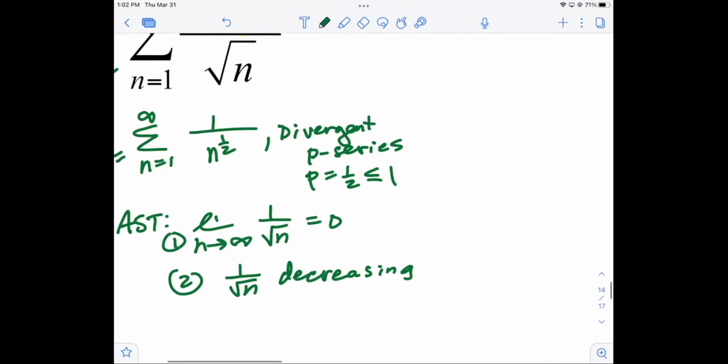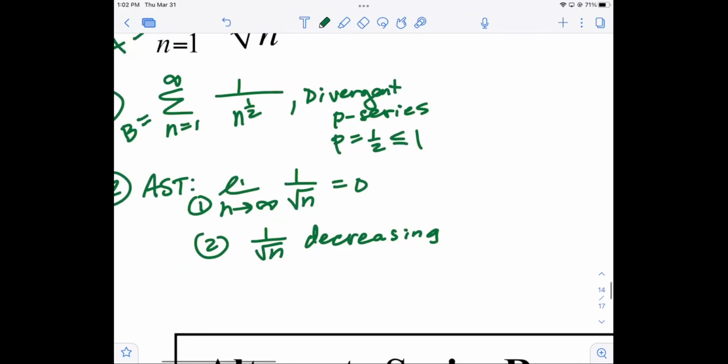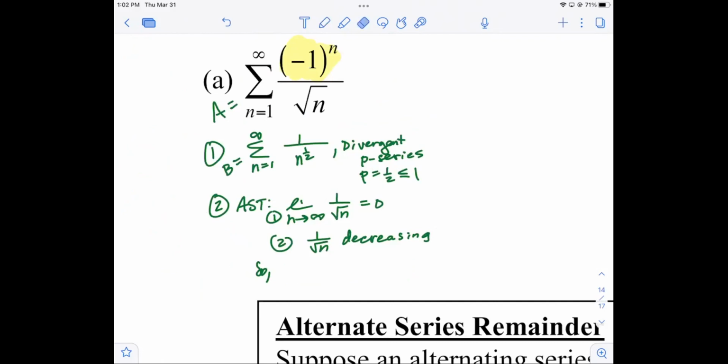So for the same reason as the conditionally convergent harmonic series, this is the same. So A, the original one, converges conditionally by the alternating series test.